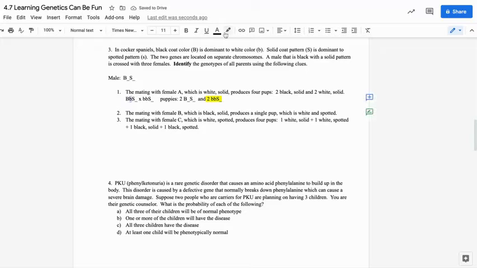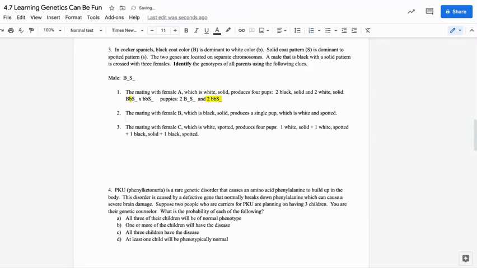So that's good to know. Anything else? Solid. No, well, you don't really know this piece of information because, again, solid is dominant. They could be heterozygous or they could be homozygous, big S, big S. We don't know. So let's go on to the next one. But we got some of the puzzle figured out here.